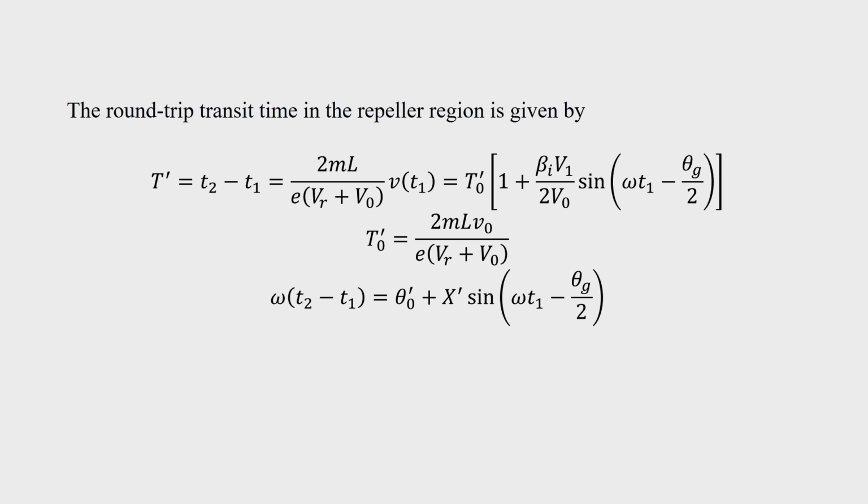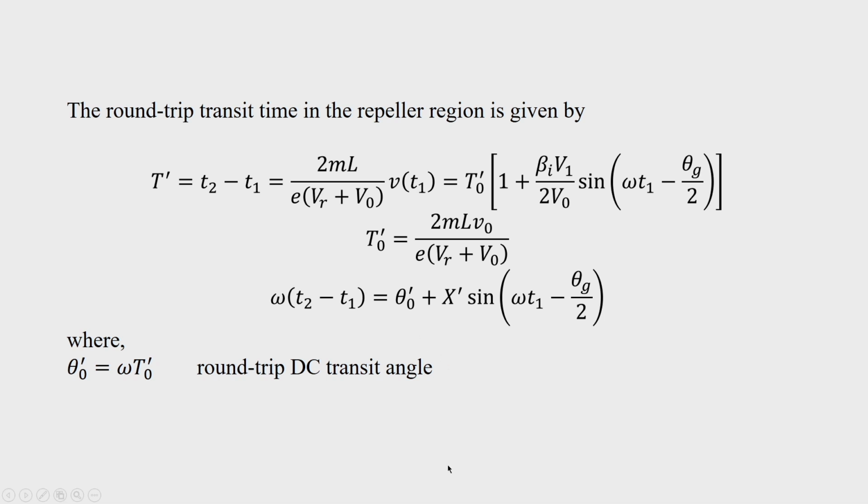Now, the transit angle can be found out by multiplying T2 minus T1 by omega, and this can be written in the form of DC transit angle theta naught'. It is the round trip DC transit angle plus X' sin(omega T1 minus theta g by 2).